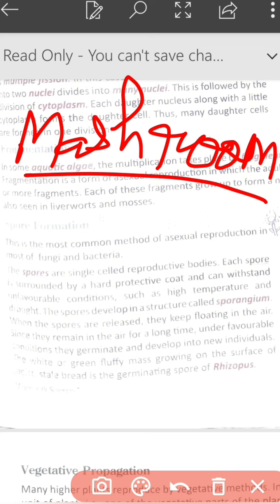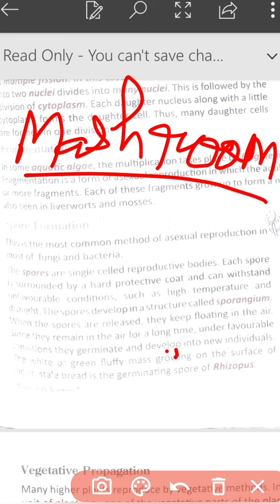They keep floating in the air when they do not get a favorable temperature. When they get a favorable temperature, favorable food and place to live, they germinate and develop into a new individual.